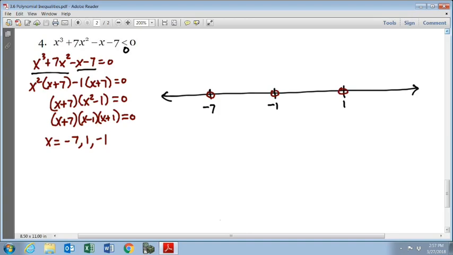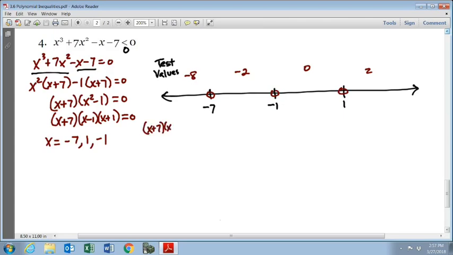Again, those are the values that make this polynomial equal 0. So for test values, let's try negative 8, negative 2, 0, and 2. And again, any other value in each interval will work. I'm just trying to choose the nicest numbers I can work with.